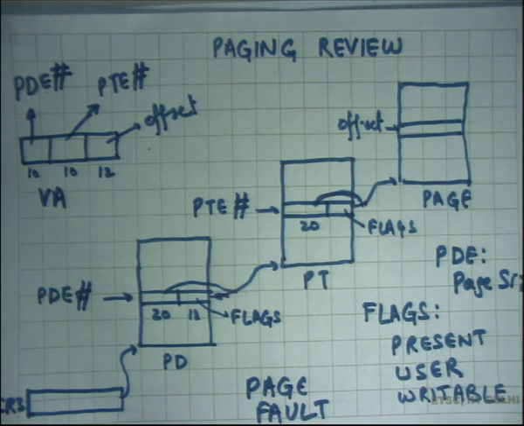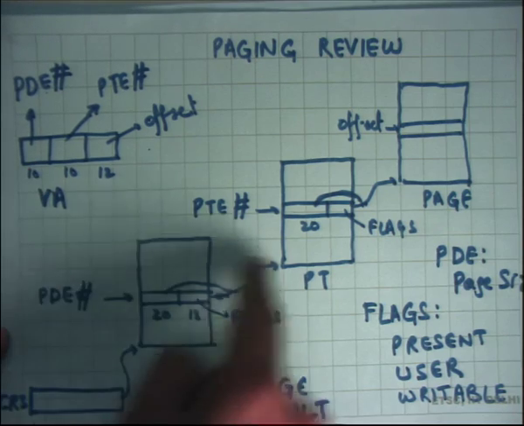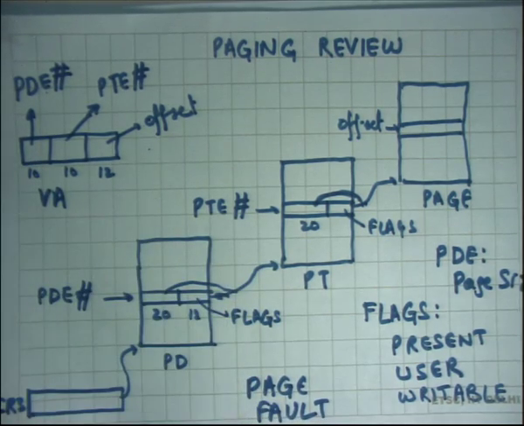The first advantage is the time it takes to actually walk the page table has reduced. You only need to make 2 accesses, even if there's a TLB miss. More importantly, the number of entries that need to be cached in the TLB has reduced, right? As opposed to 2 to the power 10 entries for a 4 megabyte space, you need only 1 entry if you can ensure that the entire space is contiguous.